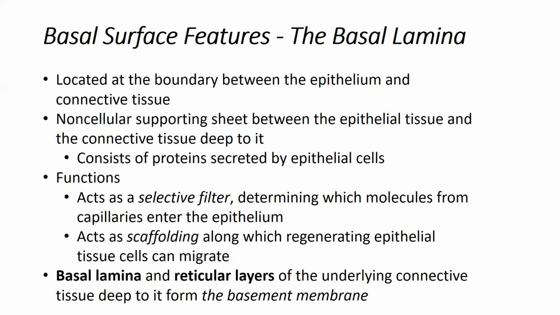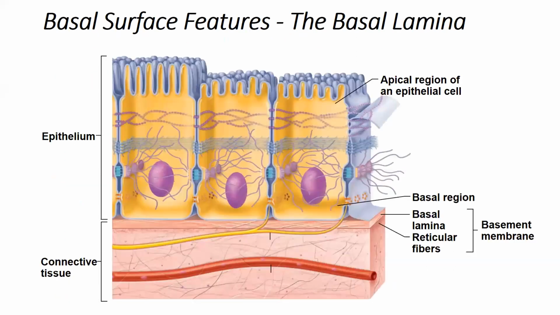All right, so this is an example that we spoke about here. The basal lamina, this thin strip of tissue here. This is the basal surface of the epithelial cell. This thin strip is the basal lamina.